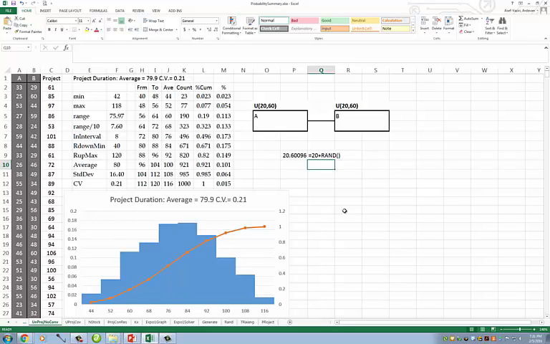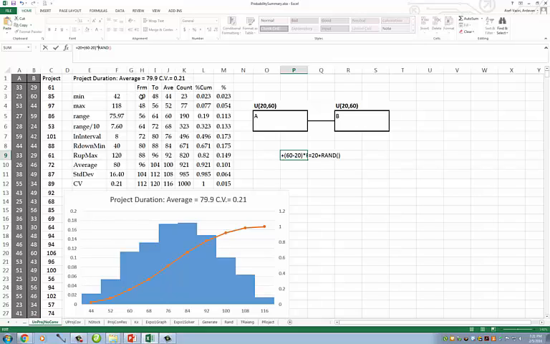Therefore, when my random number is 1, I want the duration of my activity to be 60, and I have already added 20 to my random number. So all I need is to open a parenthesis and say 60 minus 20, multiplied by RAND.